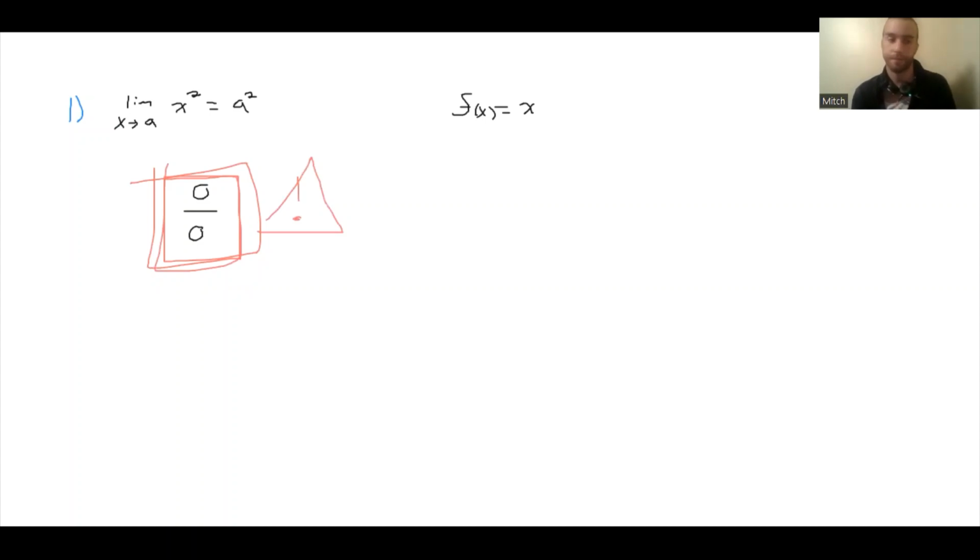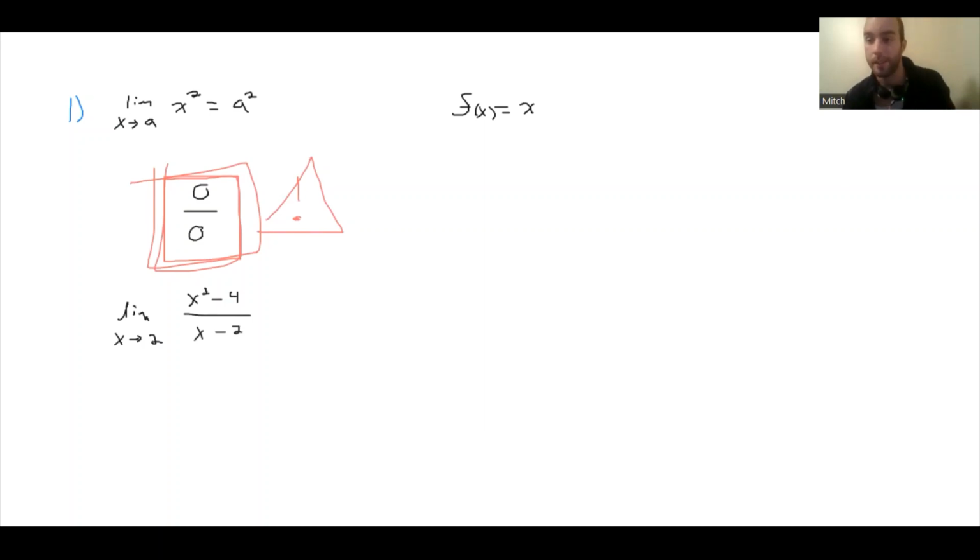And a really common example of that would be factoring. So when you have some polynomial over some polynomial, let's say we have the limit of x approaching 2 of x squared minus 4 divided by x minus 2.